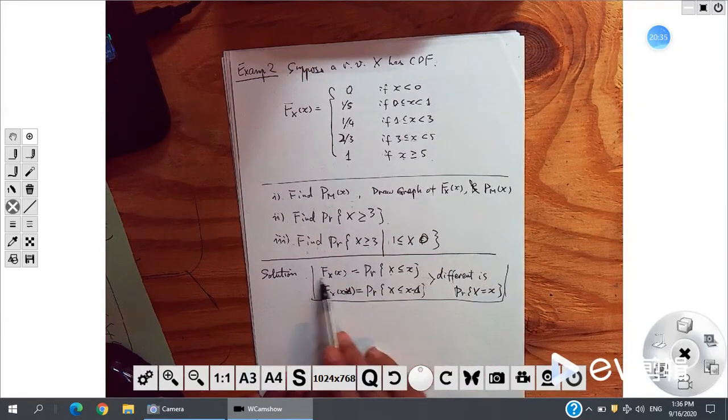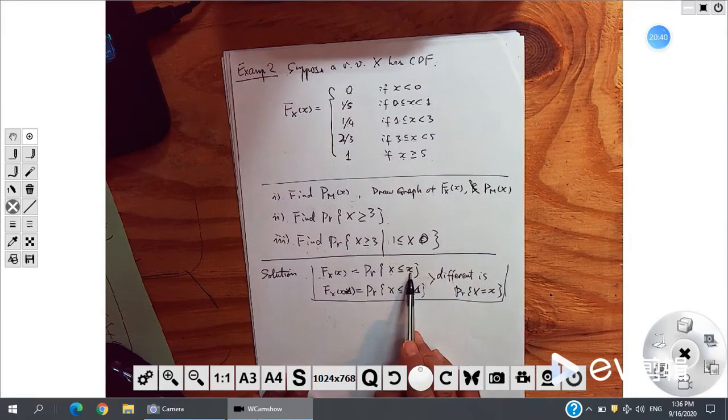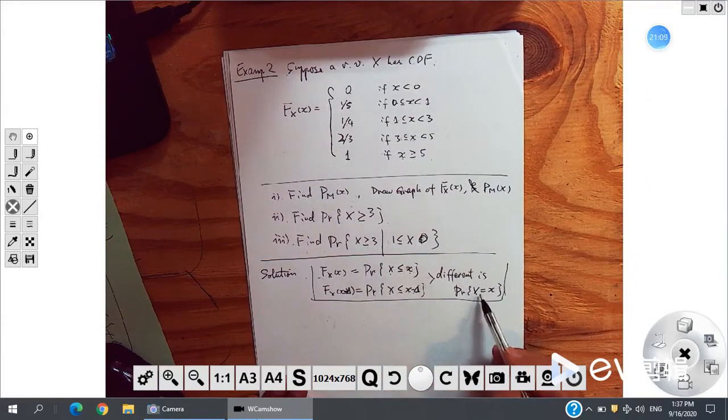In the first one, the event contains lowercase x. Capital X will be a value smaller than or equal to x, so this event contains X equal to x as a part of it. And the second event, X is smaller than or equal to x minus epsilon, does not contain this x. So the first one contains it, and the second one does not. Then the difference is just this one.